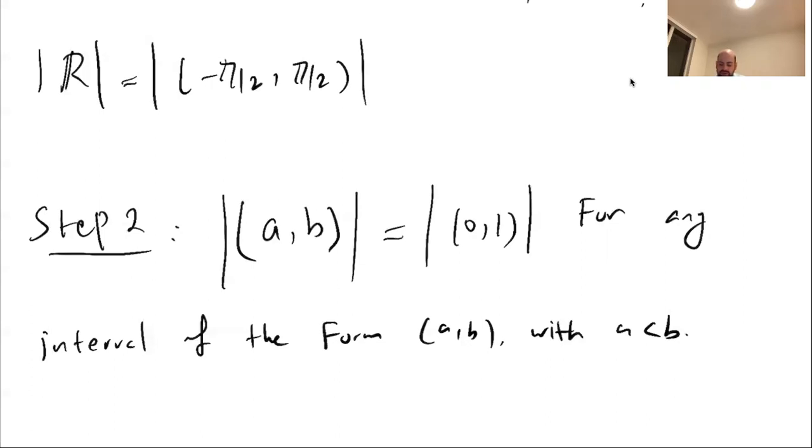Then I get t equals B minus A times x plus A. If I take A to that side, I get t minus A equals B minus A times x, and that gives me x equals t minus A divided by B minus A.